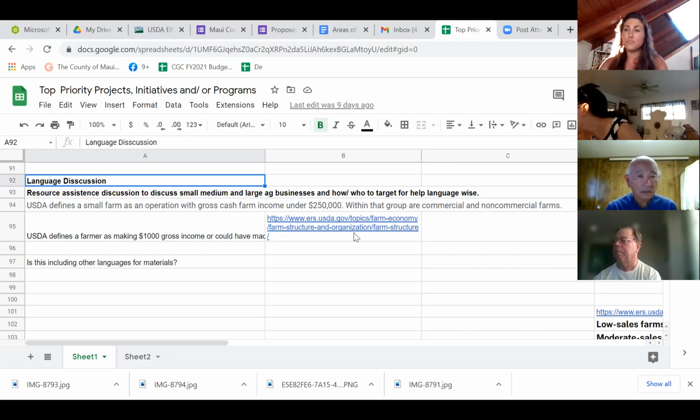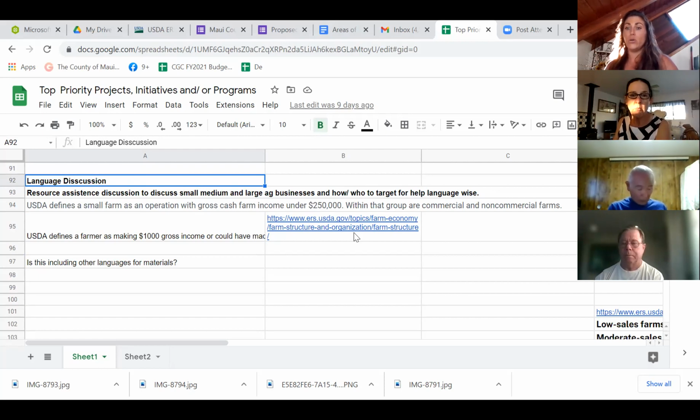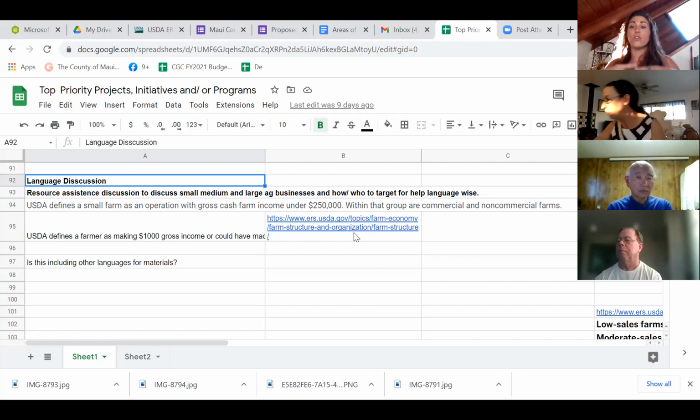When you have an entity that provides resources, and you have a goal of expanding or breaking down barriers, you have to assess who is the most at-risk group, who is not getting the assistance and help that they need. And you should put in language to make sure your resources target those folks.